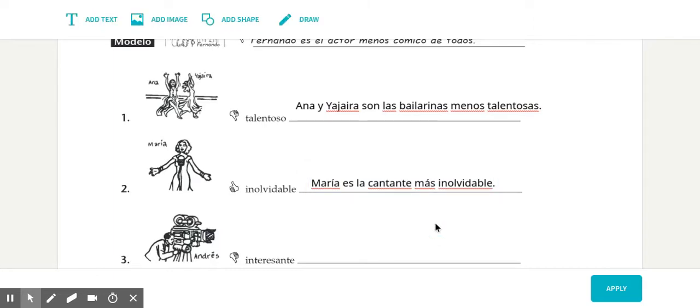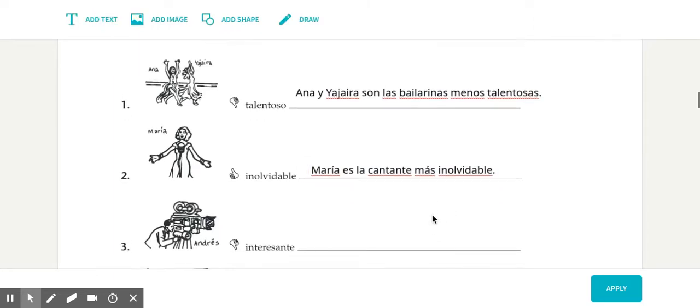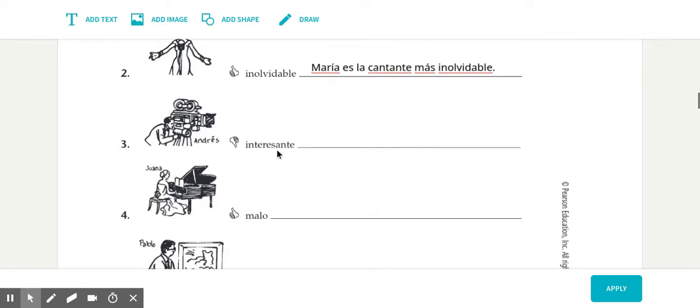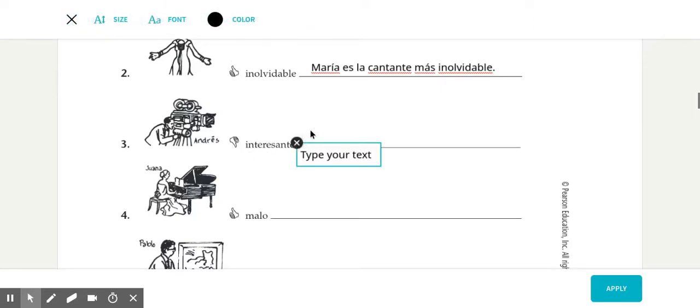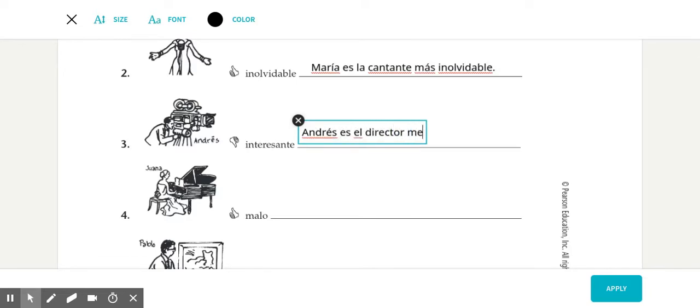Inolvidable doesn't change the endings for feminine. Andrés es un director. He's a director, and he's the least interesting director. So we're going to have Andrés es el director menos interesante.